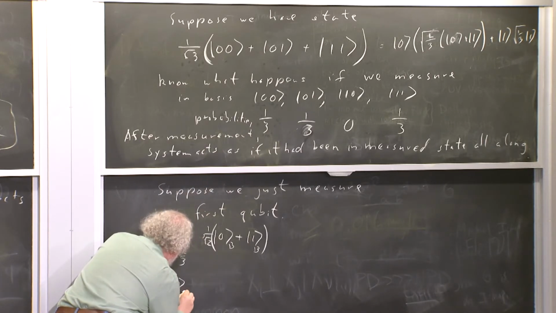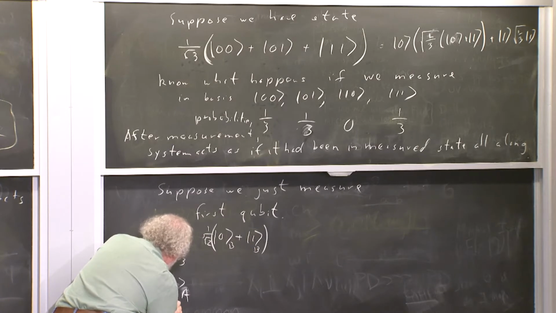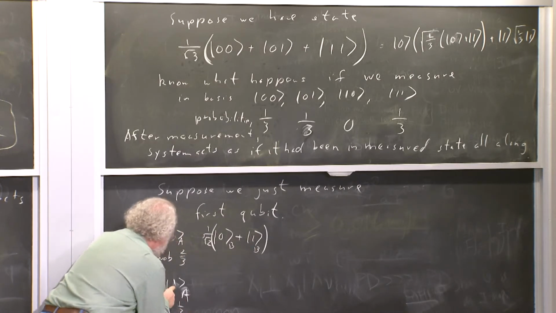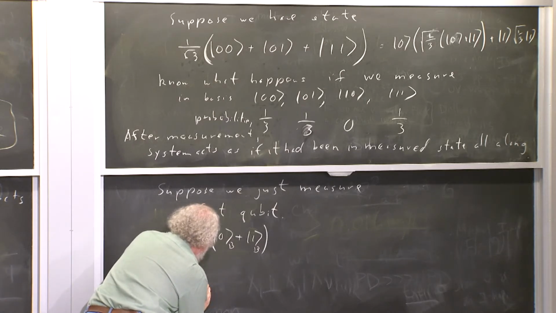And with probability 1/3, we will measure the first qubit in the state 1, and the second qubit will be in the state 1.